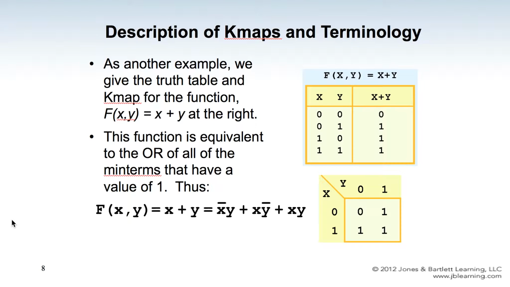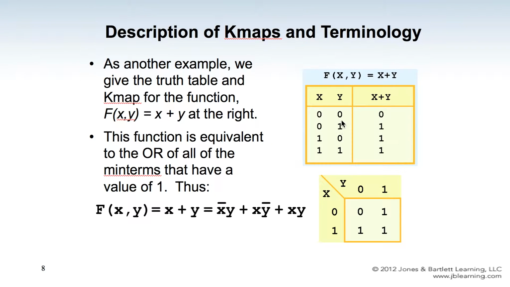Now consider the same two variables x and y, but a different function. Here is the K-map for the function f of x y equals x or y. This is a different function of the two variables x and y.